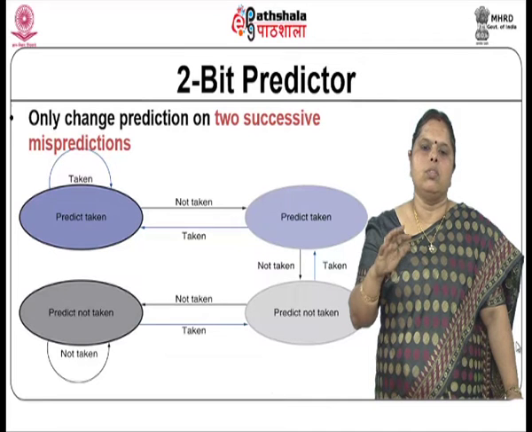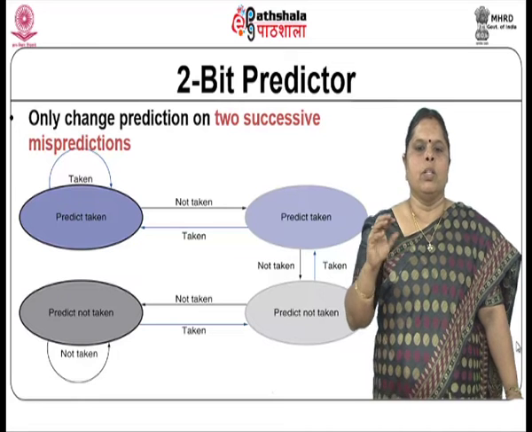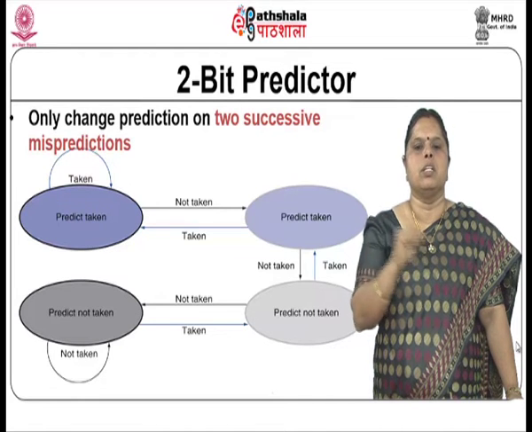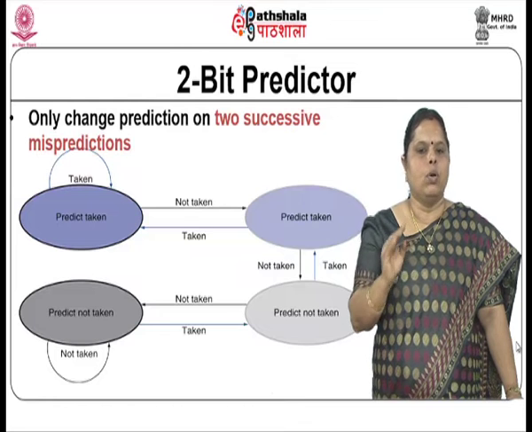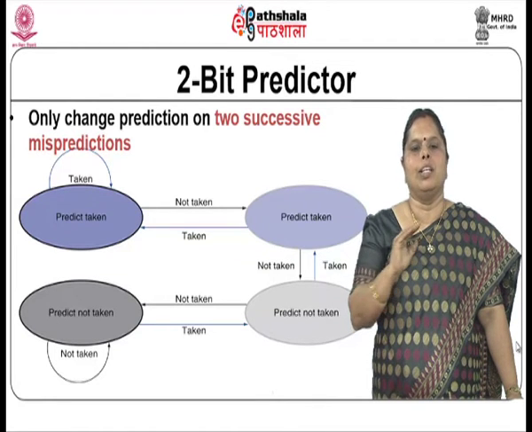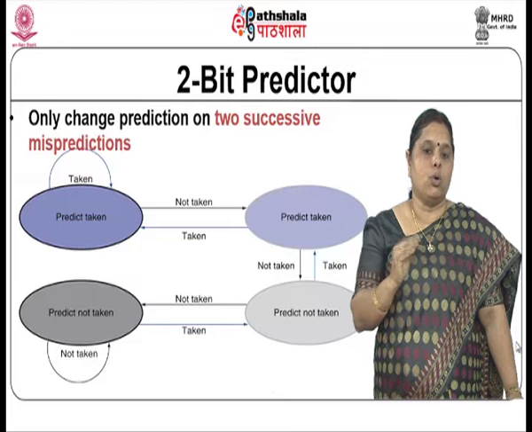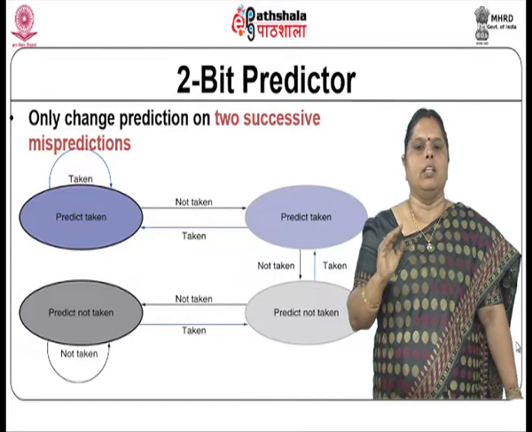As long as you are in the strongly not taken state and the branch is actually not taken, you continue to remain there. The first time you do a misprediction, you move on to the next state, but you are not very sure there because you know that you've gone wrong once, but I'm not changing the prediction. I'm not very sure about my outcome, but I'm still trying to maintain the same outcome.